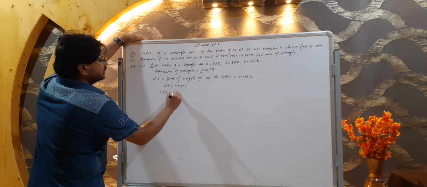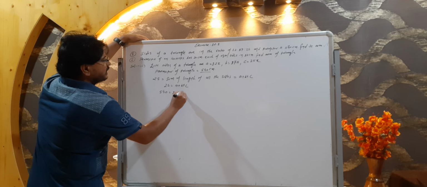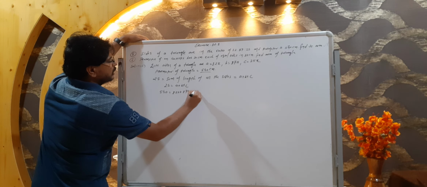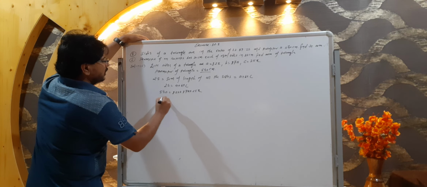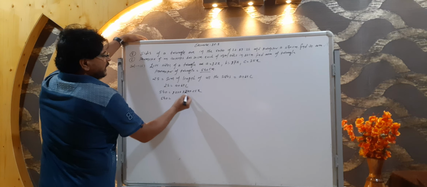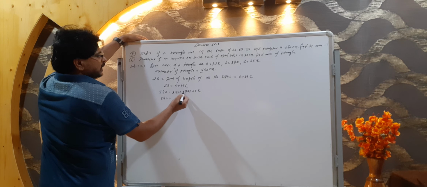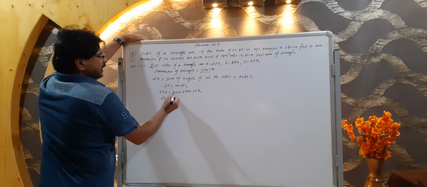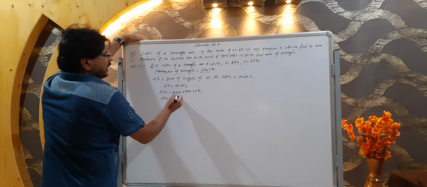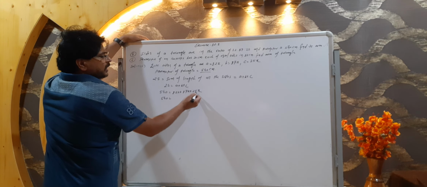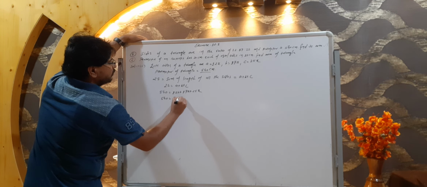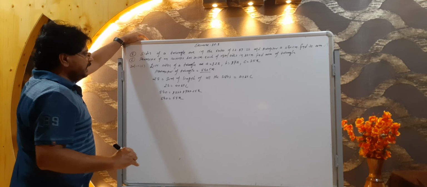So what we can say? 540 is equal to A means 12x plus B 17x plus C 25x. So 540 is equal to, now we have to add: 12 plus 17 is 29, plus 25 is 54. So 54x.